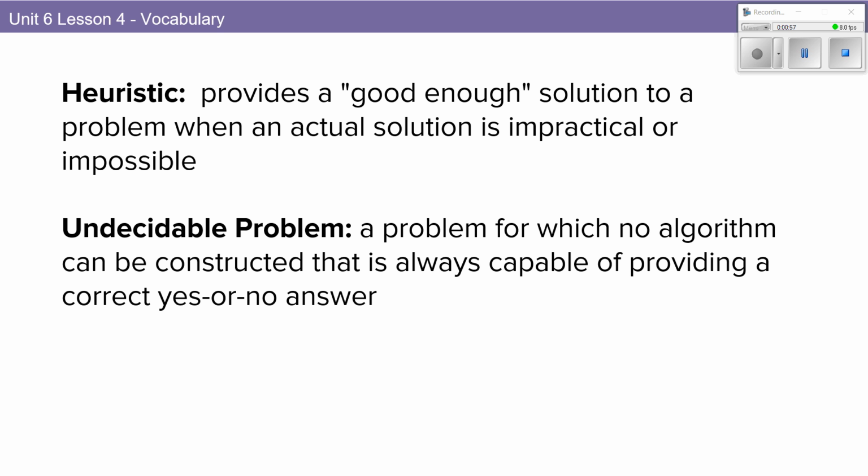A heuristic provides a good enough solution when the actual solution is impractical or impossible. And those are the two possibilities. Impractical because it takes an unreasonable time, even though we know the algorithm would work, or impossible because there is no algorithm that could solve the problem. That would be what we call an undecidable problem.